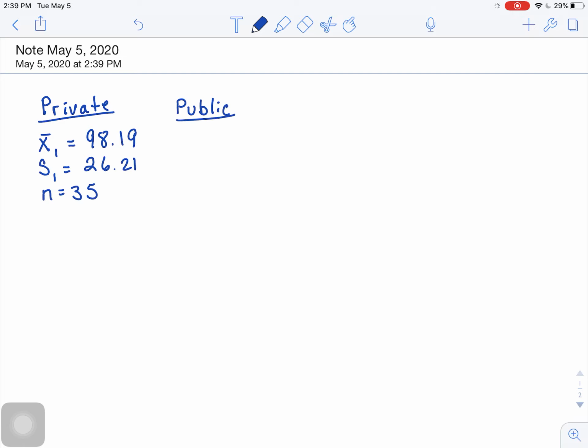You have your public education: your sample mean is 83.18, the sample standard deviation is 23.95, and your sample size is 30.